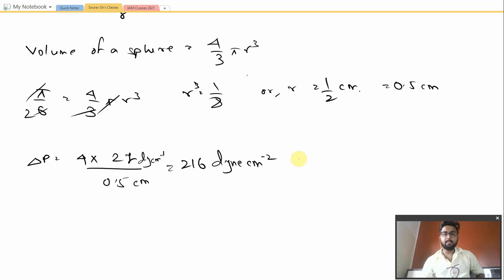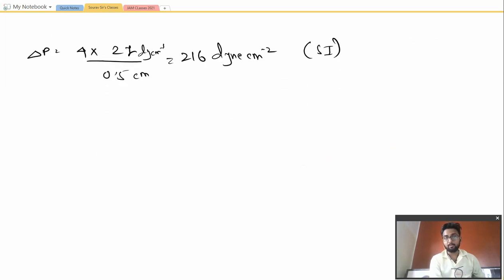Obviously you can convert this into SI, but I am keeping it like this because no mention is made of calculating the value in any SI unit. So we will keep it as it is. Just the calculation and the formula must be correct. Let us move on to the next question.